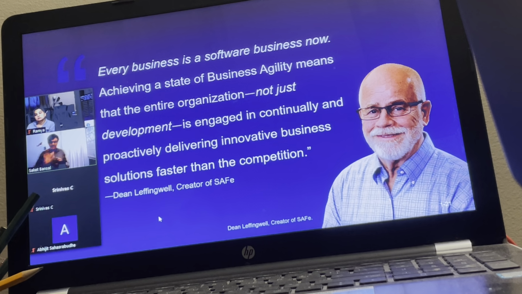So we are saying that SAFe gives you an approach which helps you implement agile-based thinking in the whole organization, which ensures that you can identify an opportunity and respond to it at a faster pace. That's business agility.